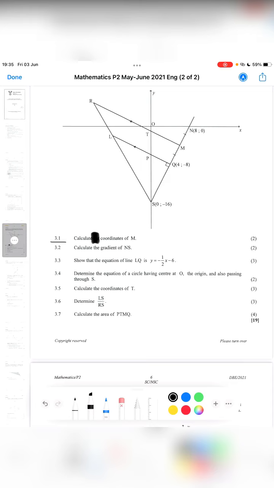Let's check the next word. So can you see? Calculate the blank of M. So you are not sure whether they want you to calculate the distance, the gradient, the midpoint, the whatever of M. So that means, ladies and gentlemen, what I've hidden there is actually the cream of the question.